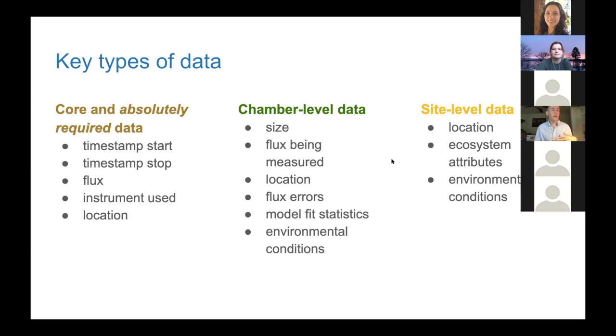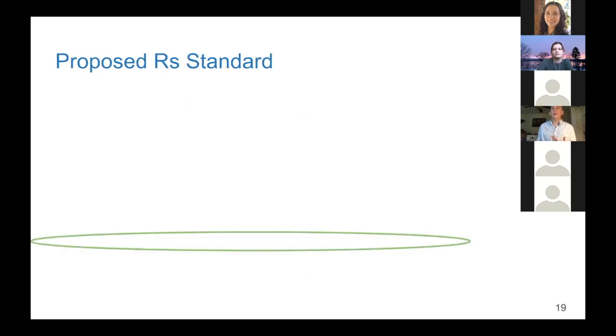We assume that a base level of processing has been done to produce a flux. The environmental conditions when that measurement took place. Site level data is really not part of the soil respiration standard per se, but it still wouldn't make any sense to have this part without at least a skeleton amount of site level data.